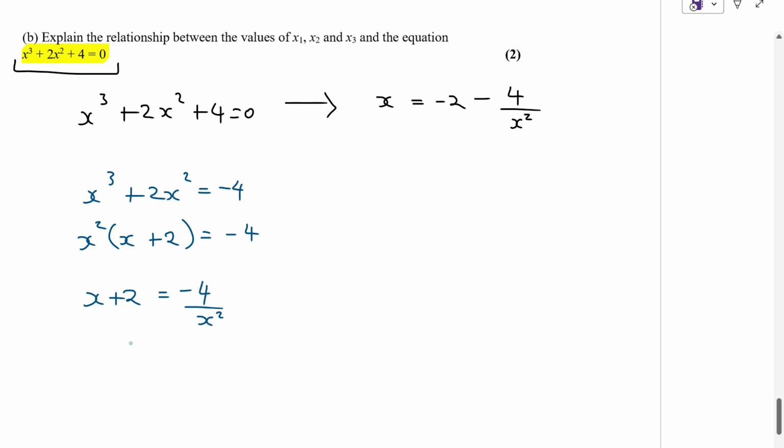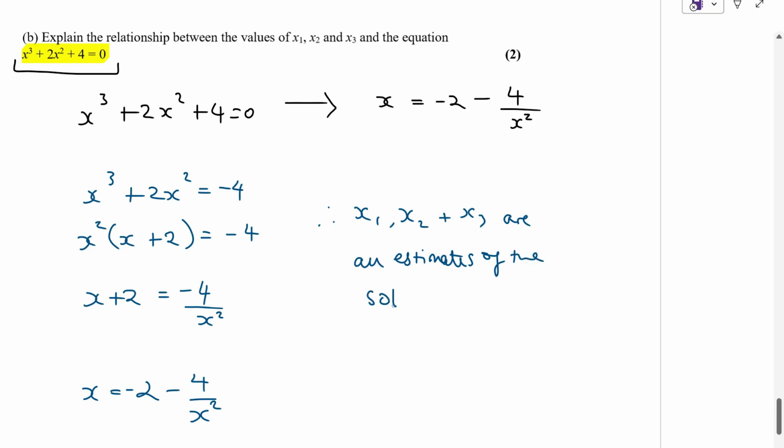X on its own, we take the plus 2 over. So because they match, we would say therefore x1, x2, and x3 are all estimates of the solution. Okay, that equation is listed in the question anyway, so we don't need to write it out. Okay, that's 2 marks there.